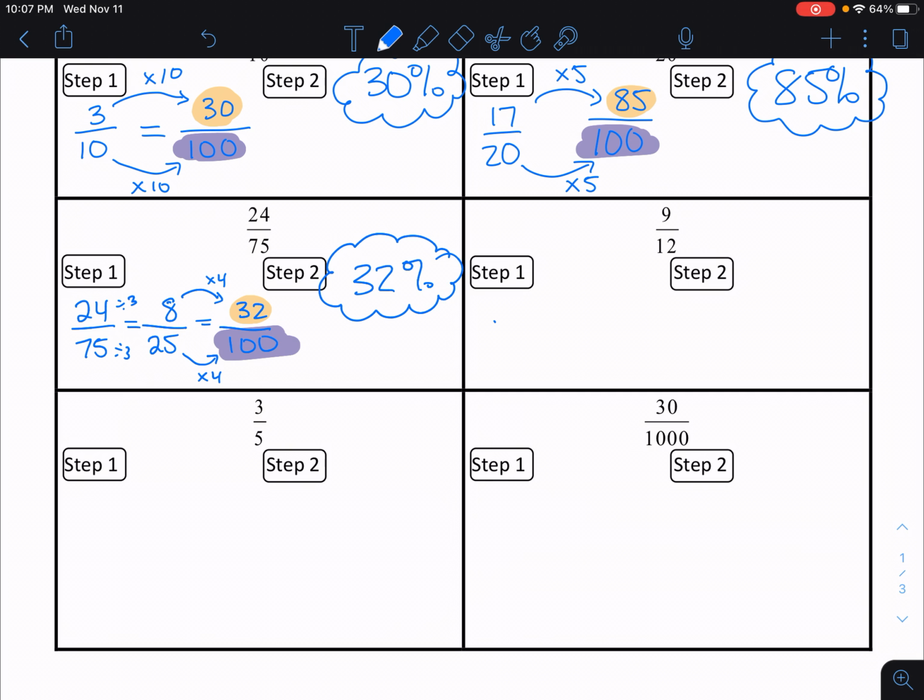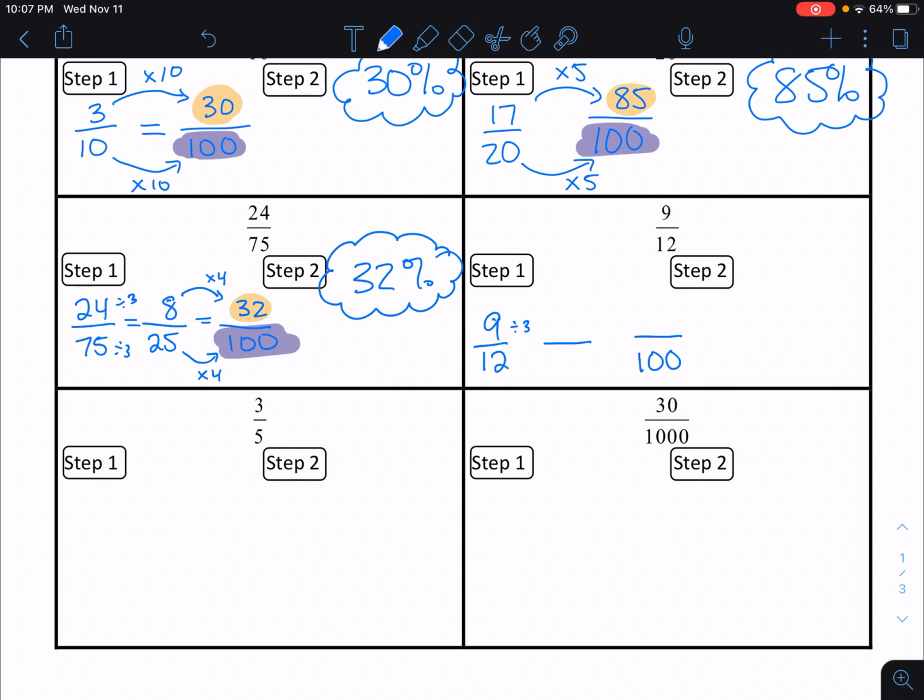9 out of 12 is the same thing. So from 9 out of 12, I have to go to an in-between, and then I can go to 100, because there's nothing I can multiply by 12 to get to 100. 9 and 12 also have a 3 in common. So 9 divided by 3 is 3, and 12 divided by 3 is 4.